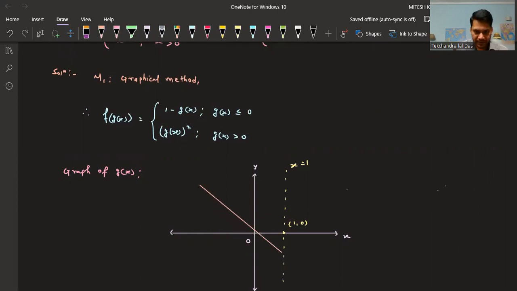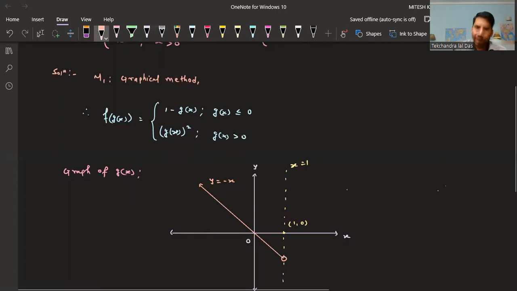You know, the minus x graph is like this. Now this is the y equal to minus x graph, and we have to draw it for x less than 1. Strictly less than, that's why we should not keep a dark circle here. You should not include this point.